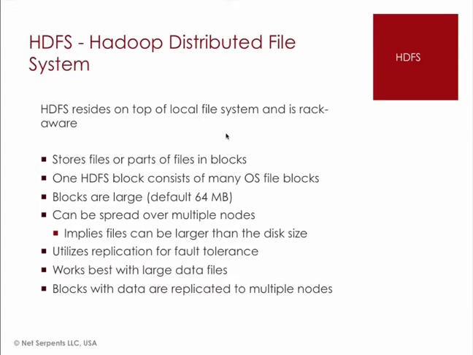And then it utilizes replication for fault tolerance, which means your data is replicated. Let's say your resume is stored on one node. The exact same resume will also be stored on another node as a copy. The reason it does that is to become fault tolerant. So if one node dies, you should be able to get to the data from the other node.